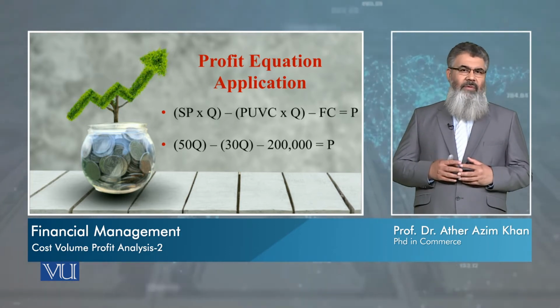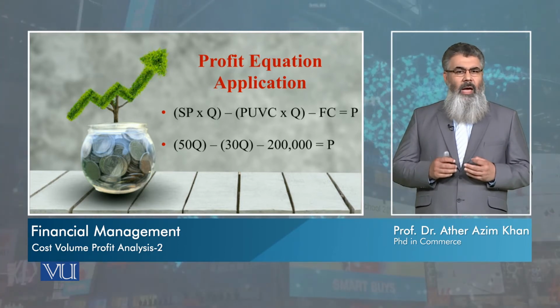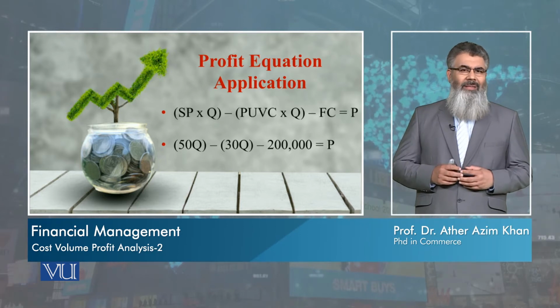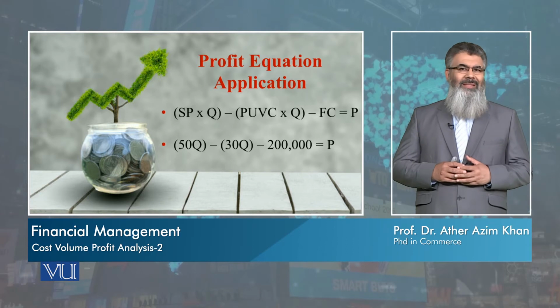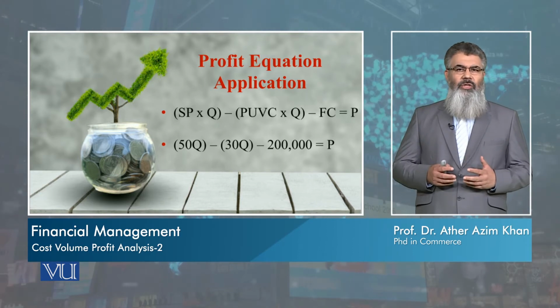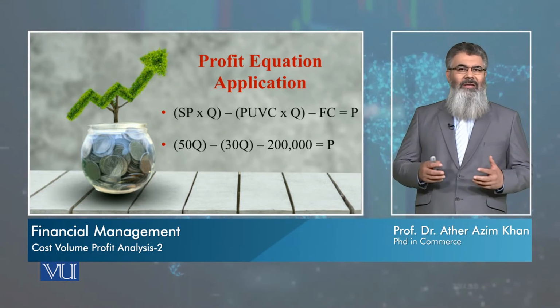If I have the quantity, the value of Q, I put that value of Q in this equation and I get the amount of profit. This is a simple equation, and it is applied when we have the quantity or the volume known.